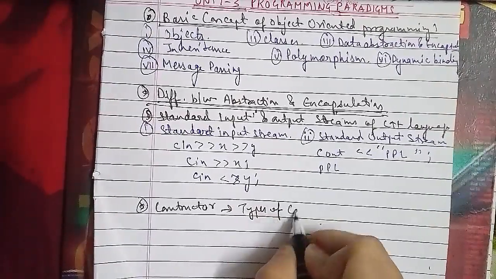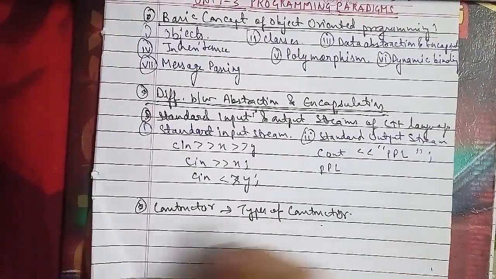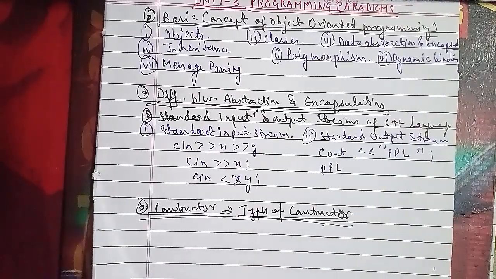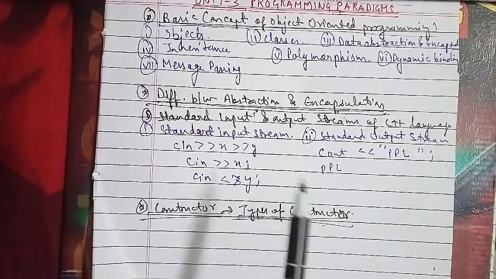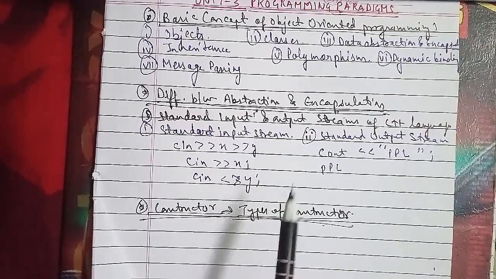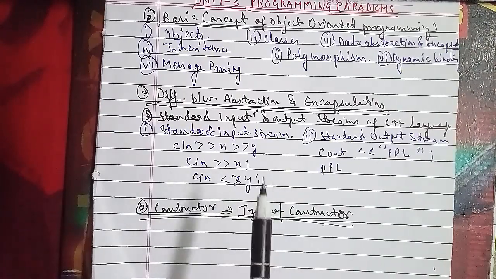A default constructor has no arguments, and it is also called a no argument constructor. For this, we will write a program with a different pen so that you can understand it.